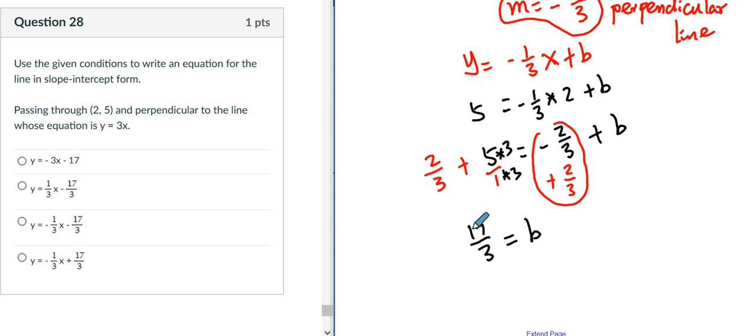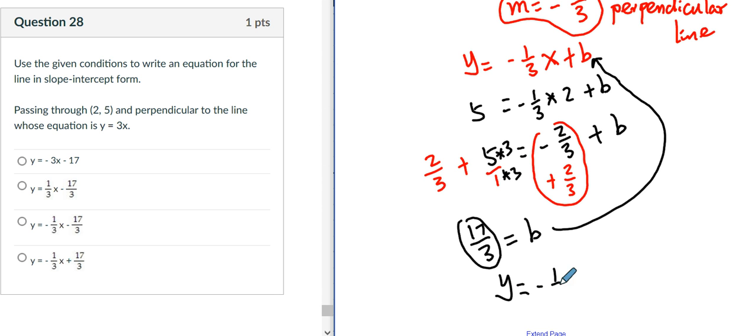Okay, now we have b. Put it back here, and then we are done. So we have y equals negative 1/3 x plus 17 over 3.